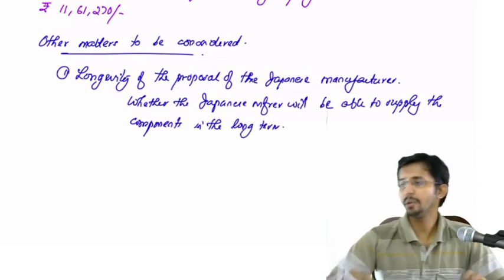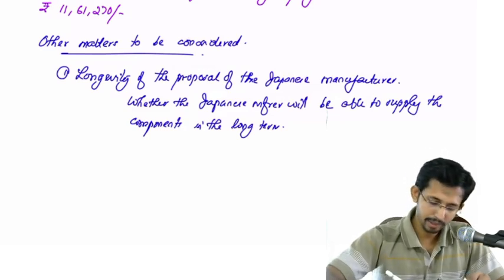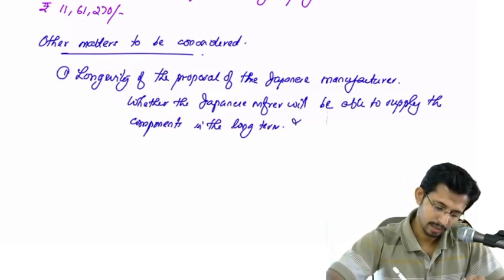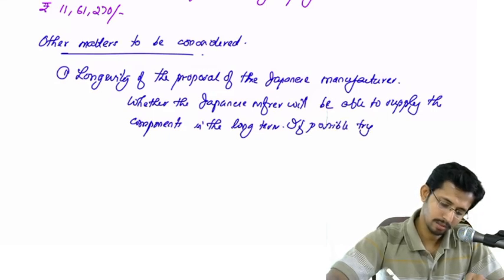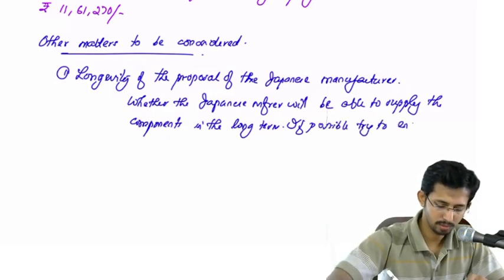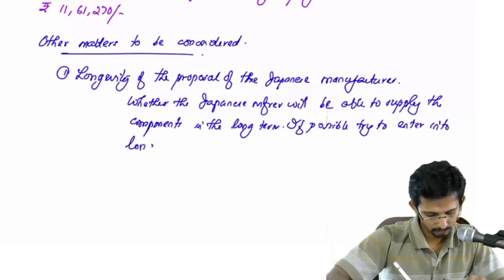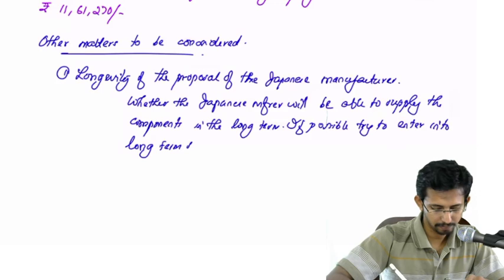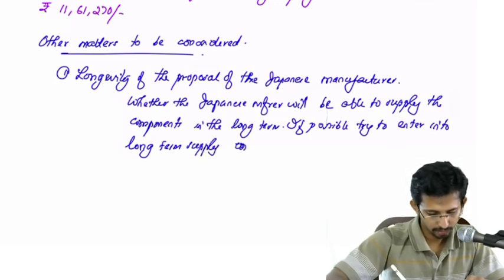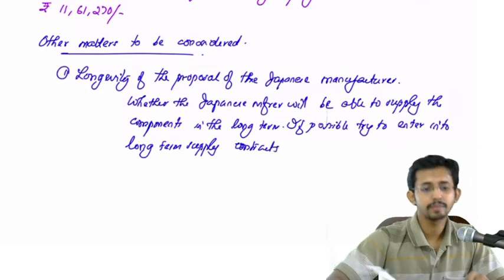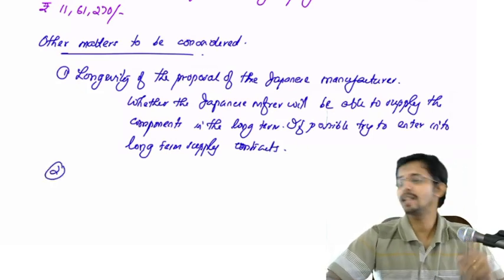Okay, so how do you ensure that they will supply you for the long term? You have to enter into long term agreements. So you can write, if possible, try to enter into long term supply contracts. Is it clear?